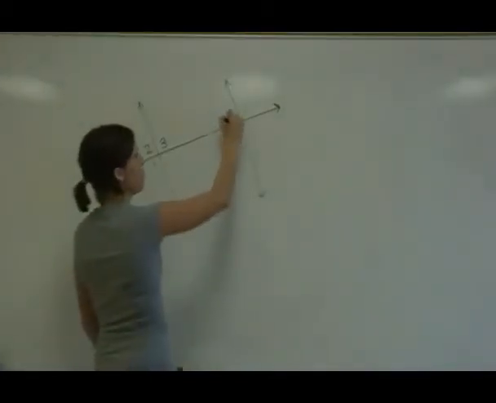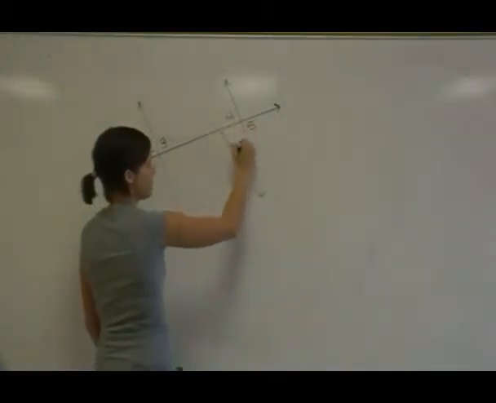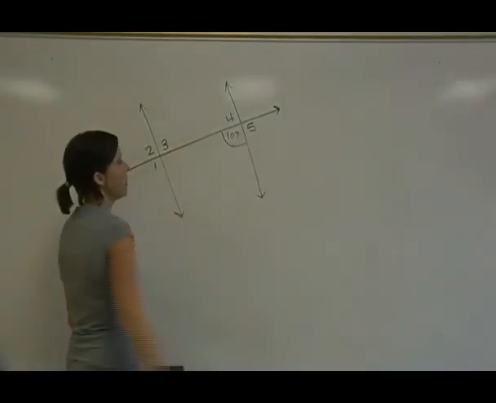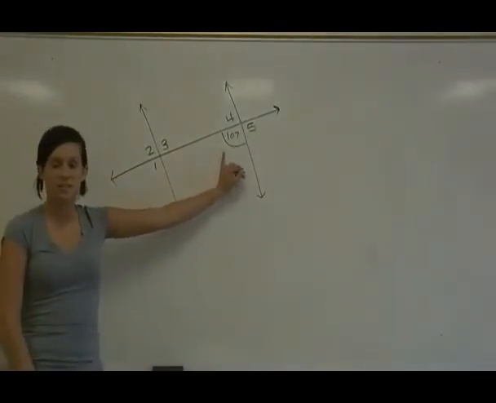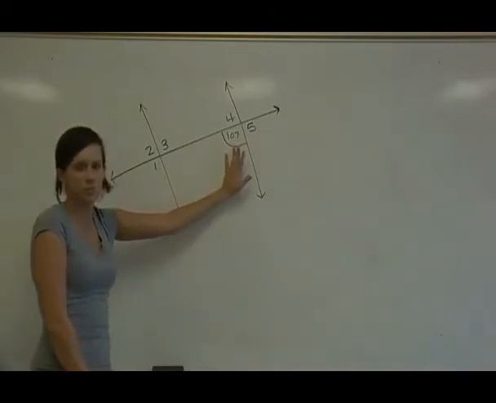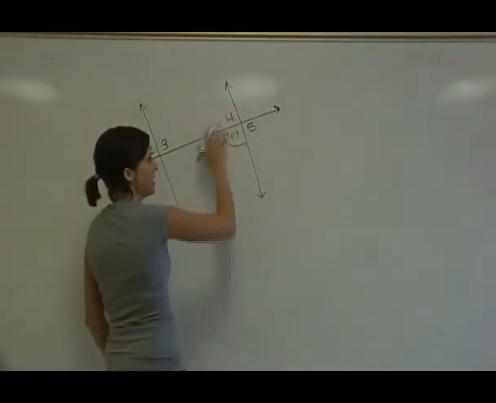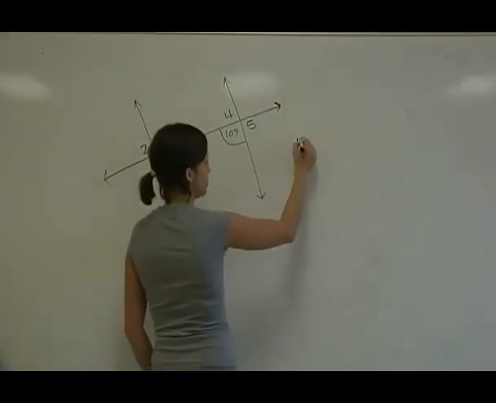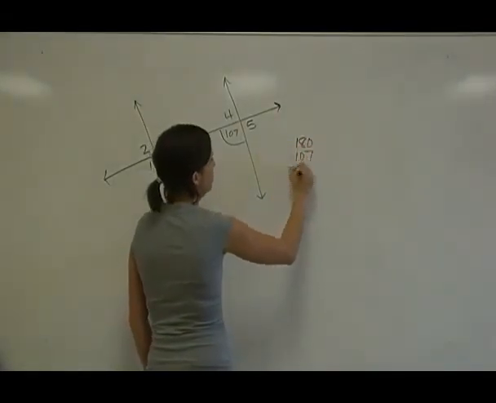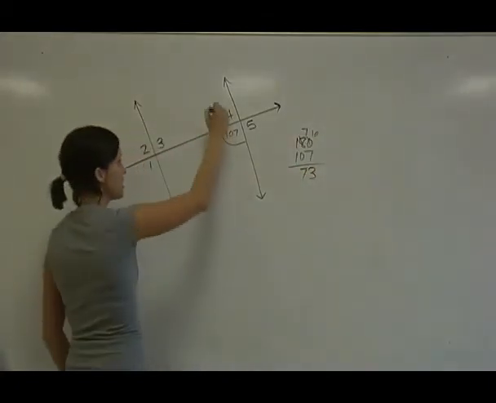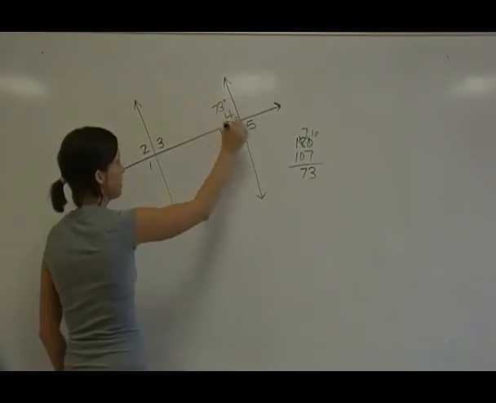We have angle 4 and 5, and it's giving this angle as a 107. All right, so knowing that this angle is 107, let's just go ahead and write in what we know just from this information. We know we're going to have to subtract from 180 because we need to find angle 4. So you take 107 from 180, and you get 73. So angle 4 is 73.